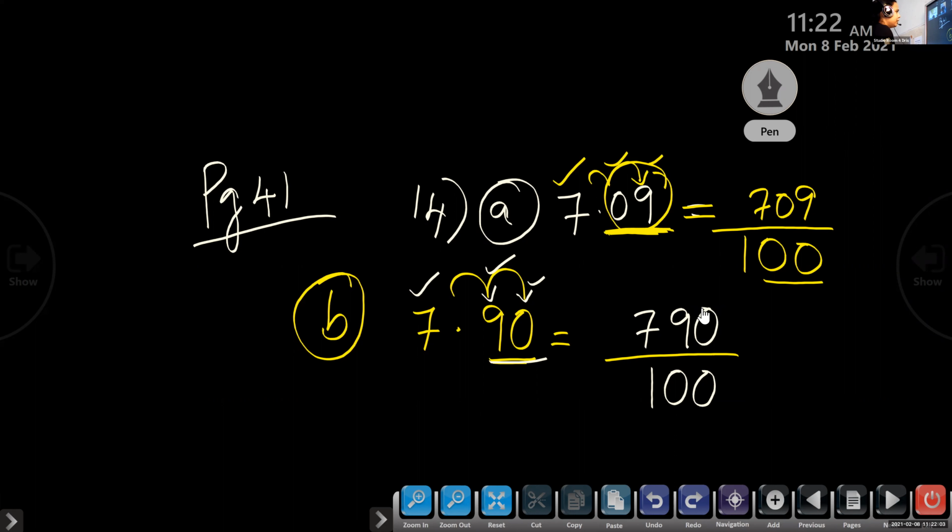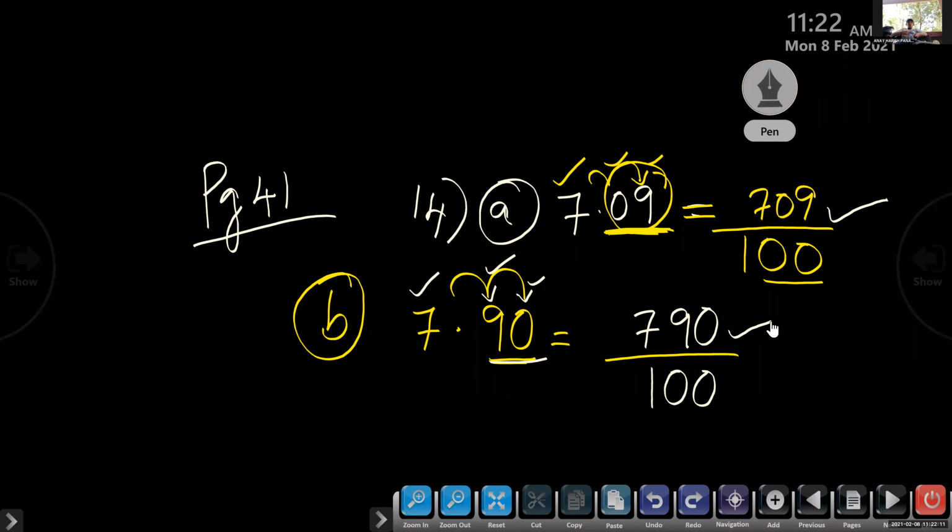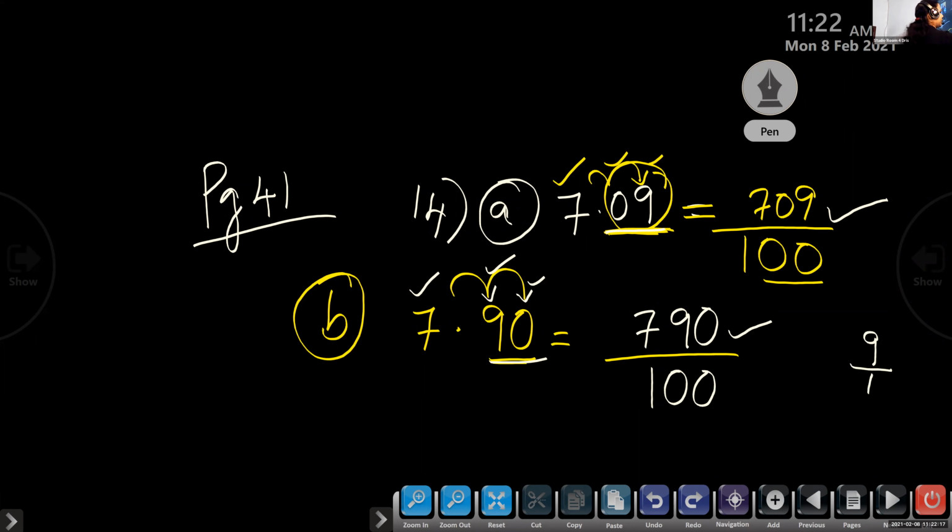Now children, look here. 709, 790. Are they the same? No. Okay. So children, 09 means we have only 9 out of 100, so we will write 9 as 09.